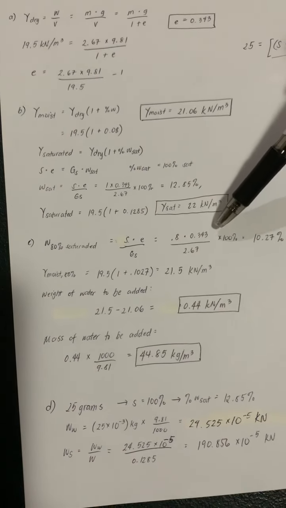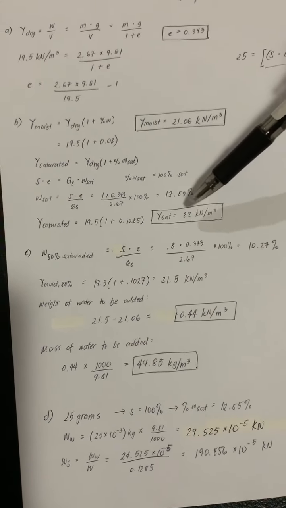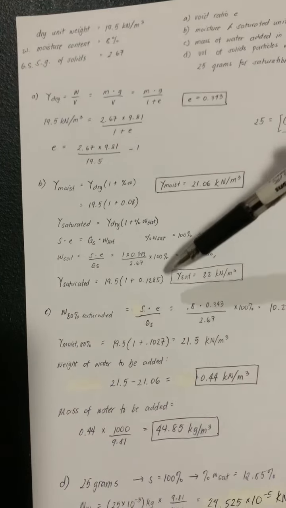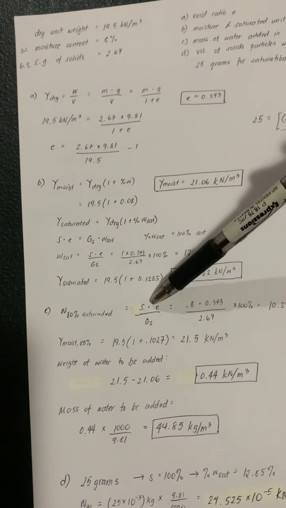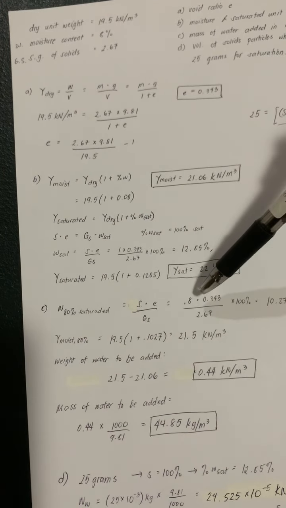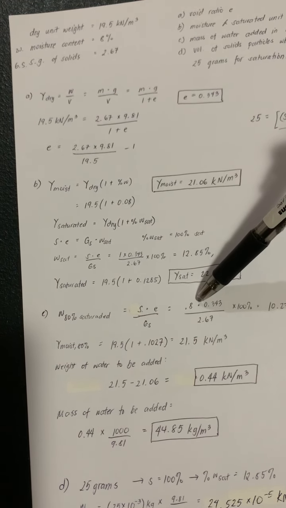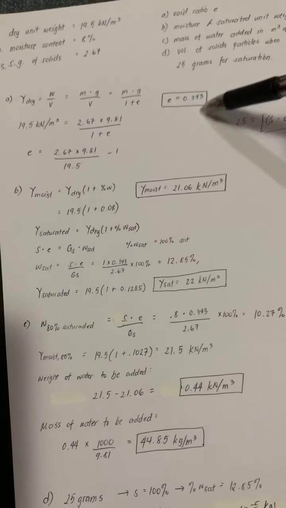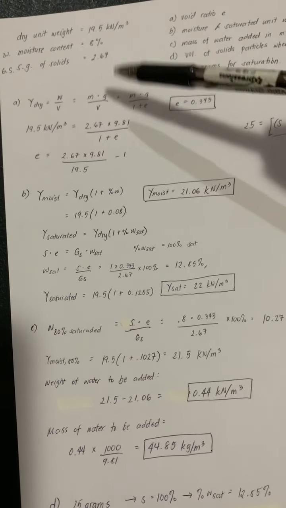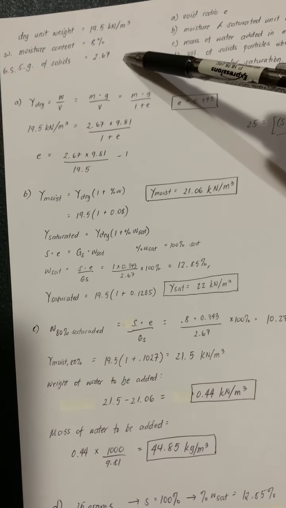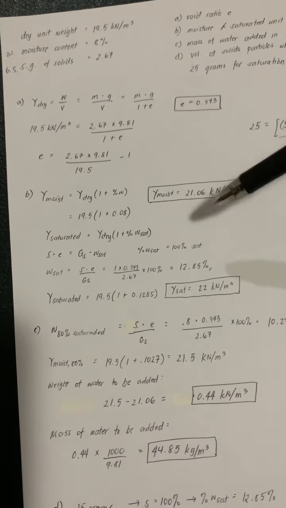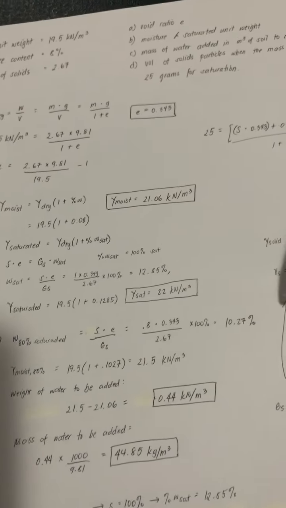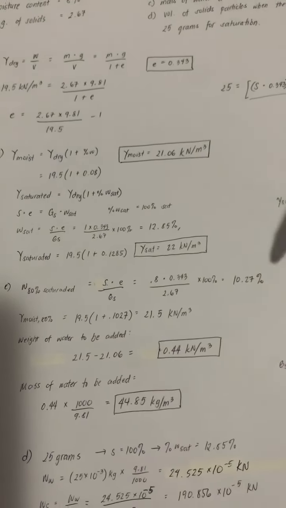So I picked up a formula, and then these were given. 80%, so I inputted the value there, and then I got the e here and over Gs, which is the specific gravity of the solid, and then I multiplied it by 100%, which gave me 10.27%.